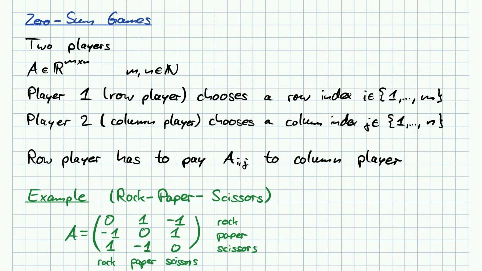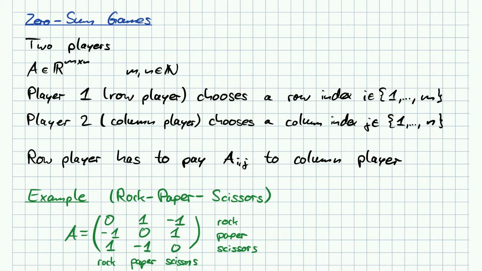Because, for example, here, would we have a 1 here? Because here the row player is playing rock, the column player is playing scissors, so the row player is losing, the column player is winning, which means that the row player has to pay 1 to the column player.